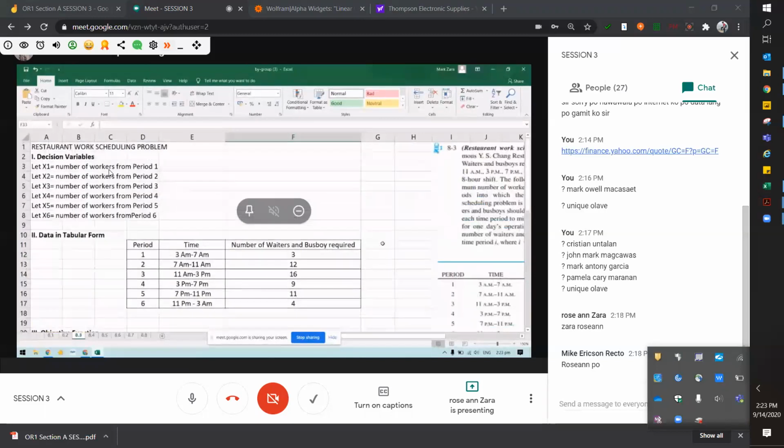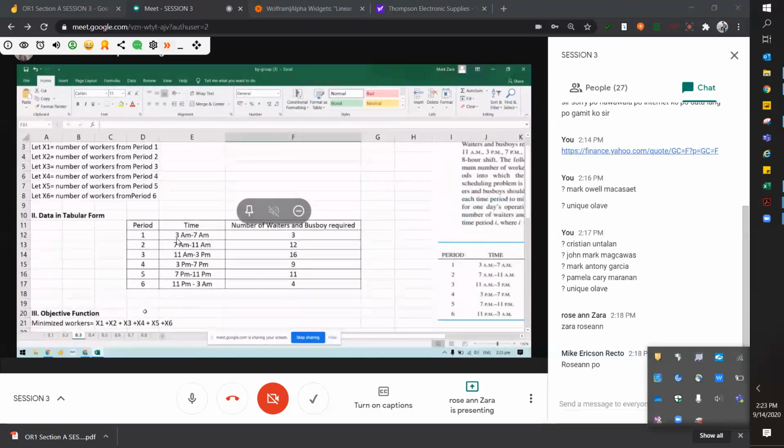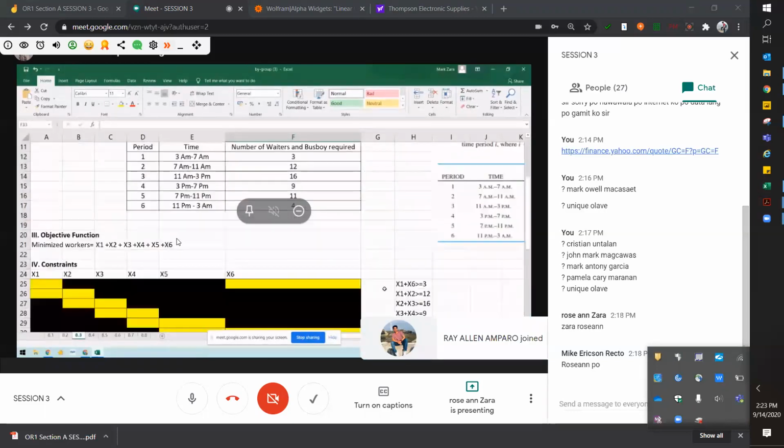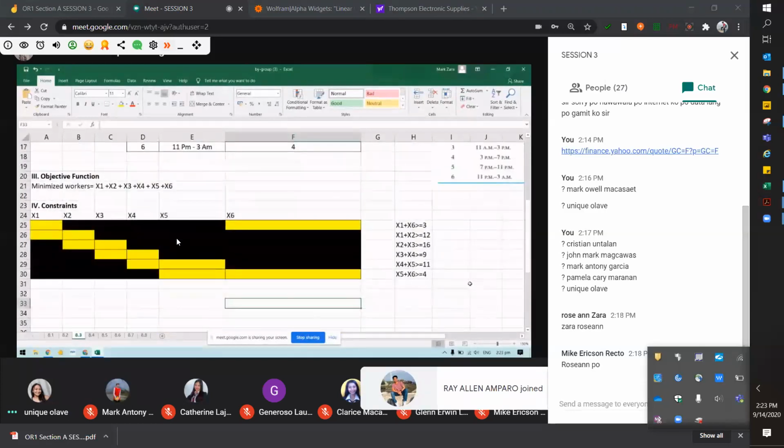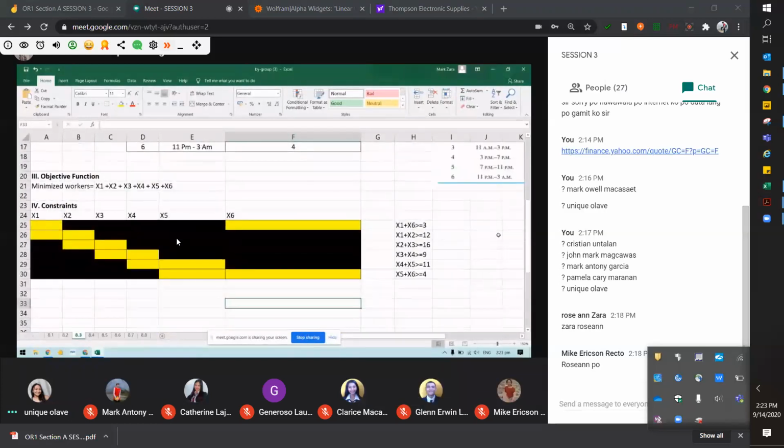Tama? Okay. Okay, ano po yung table na yan?